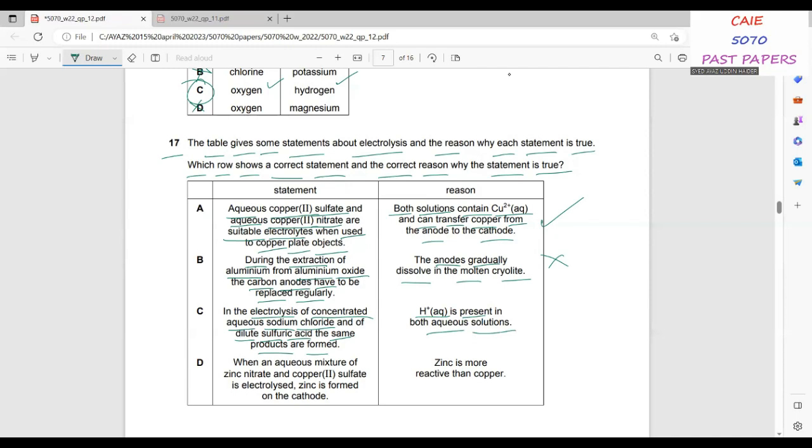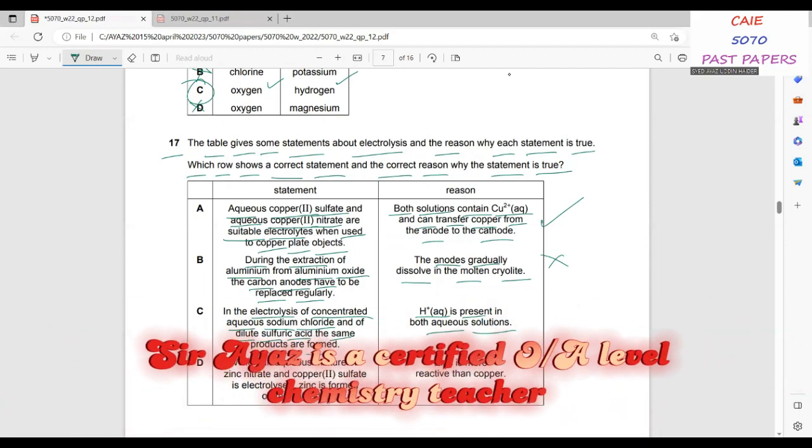This reason is correct, but in the electrolysis of aqueous sodium chloride and dilute sulfuric acid, we can't get the same products at both the electrodes because sodium chloride is concentrated. We must get chlorine at anode. But in case of sulfuric acid, we'll get oxygen at anode. So this is a wrong statement again.